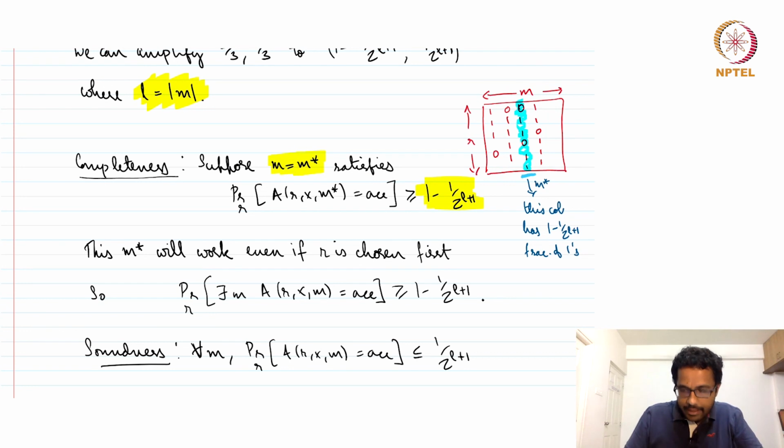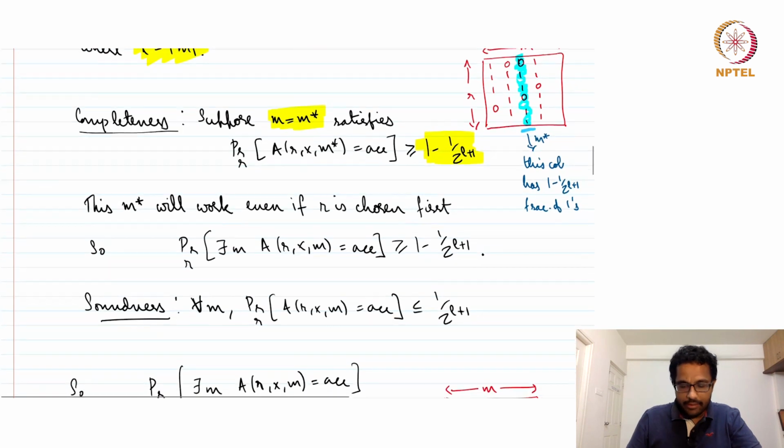So in fact the same M star will work for almost any R, right? Merlin does not even need to think. Merlin could just send M star and that will work for almost all of the R's, because M star itself works for a huge fraction of the inputs. So that is the completeness.